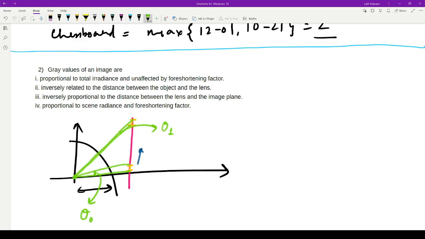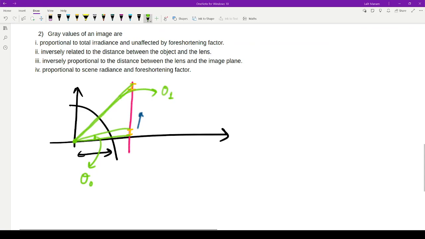Okay, so coming back to the question, gray values of an image are what? Can you relate it? In which lecture was it specified? Lecture 3. It's on radiometry actually. So what is this E?